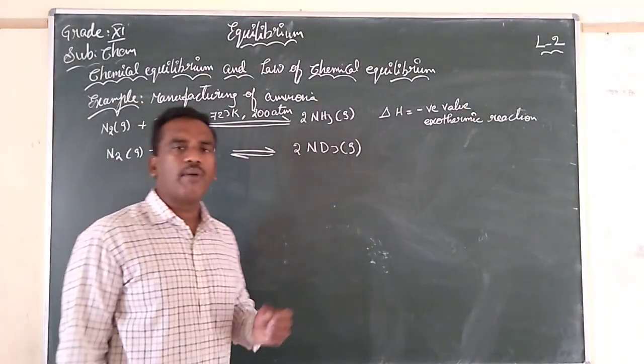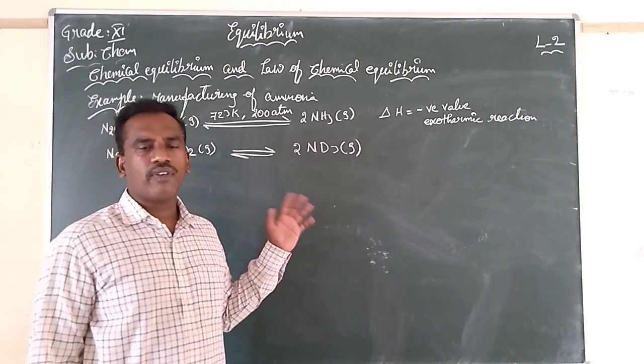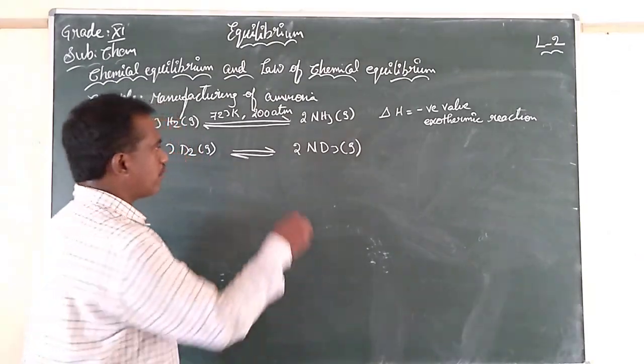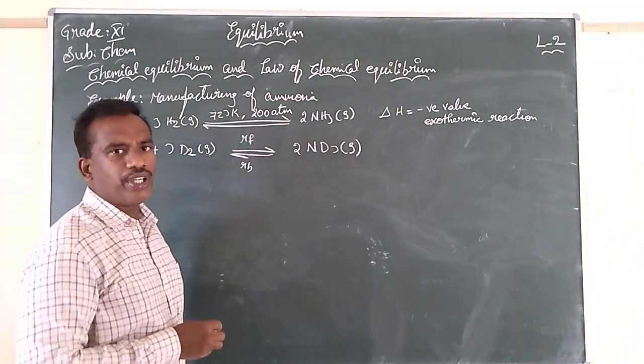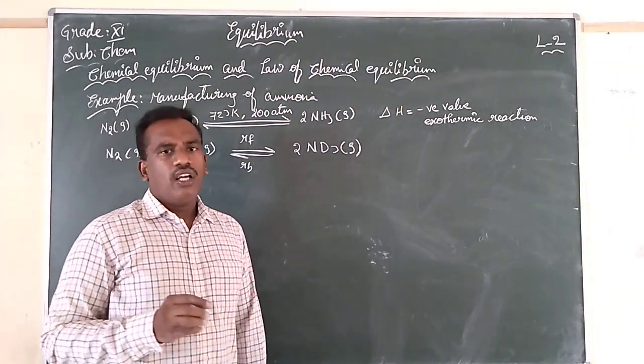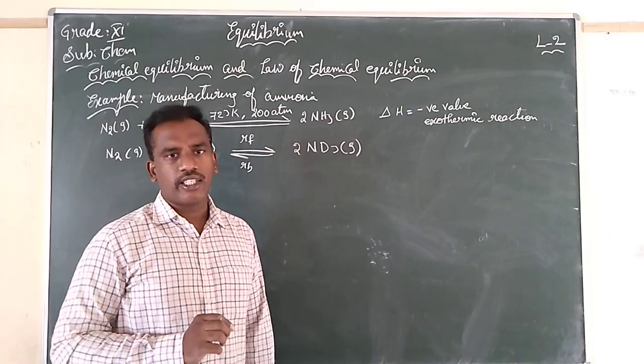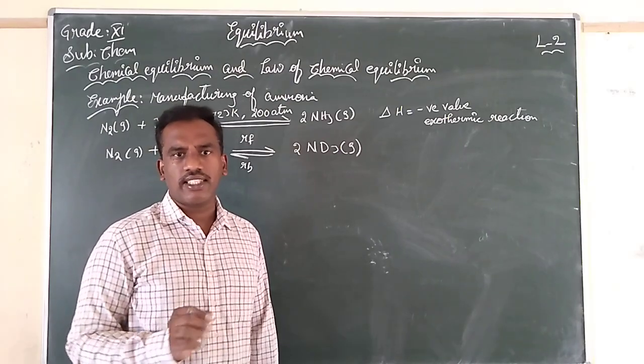It is also happening at the same rate, meaning the rate of forward reaction is equal to the rate of backward reaction. So this isotope deuterium helps us to study how much speed or rate the reaction is taking place at.